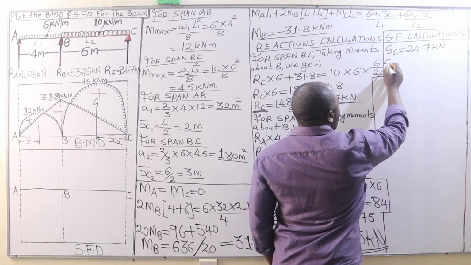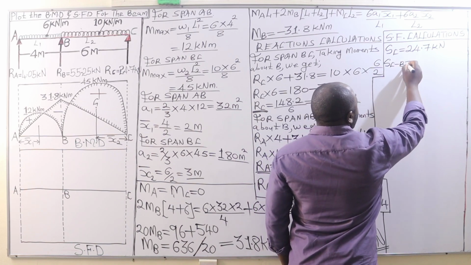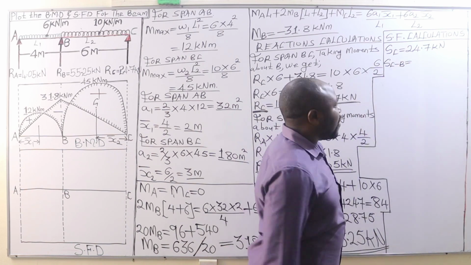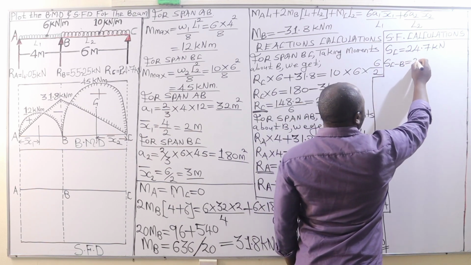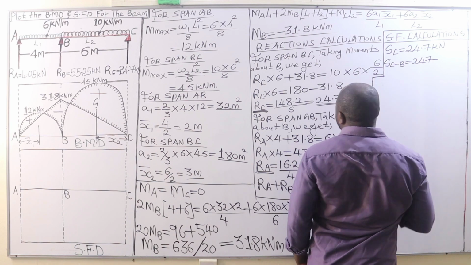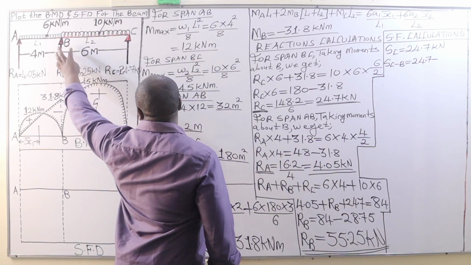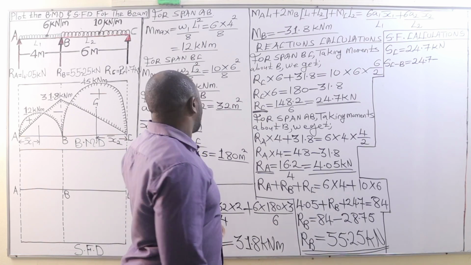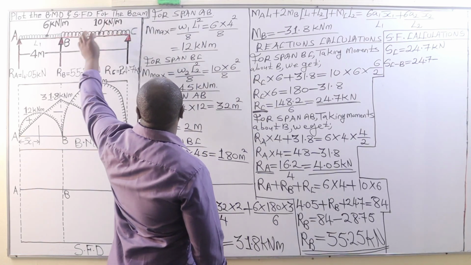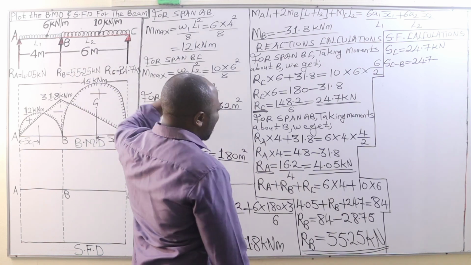Then the shear force between C and B is going to change uniformly from 24.7 kilonewtons minus the U.D.L between C and B, which when we convert to point load is going to be 10 kilonewtons per meter times the span over which it is distributed, which is 6, and that is going to be 60.